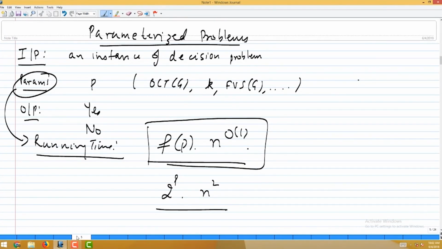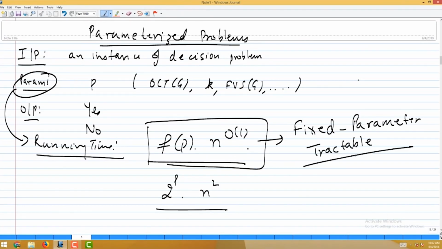By the way, going back to this, if a parameterized problem admits this kind of running time, we say that that parameterized problem is fixed parameter tractable. And the short term for this is FPT. I think this term will most likely slip from my mouth often. When I say a problem is FPT, I mean it has an algorithm which has a running time of this form.